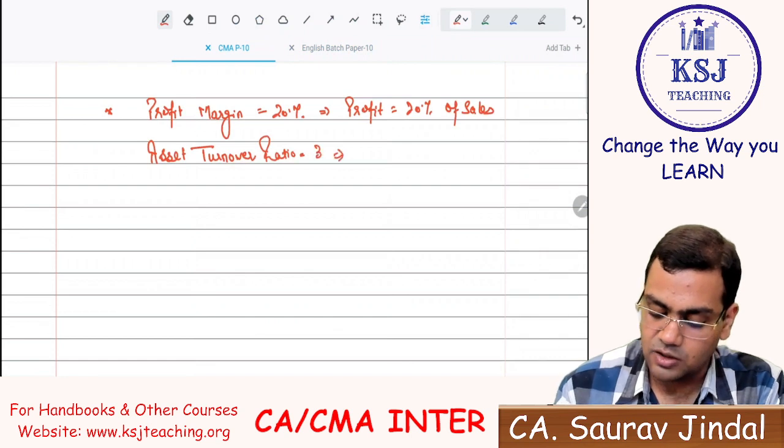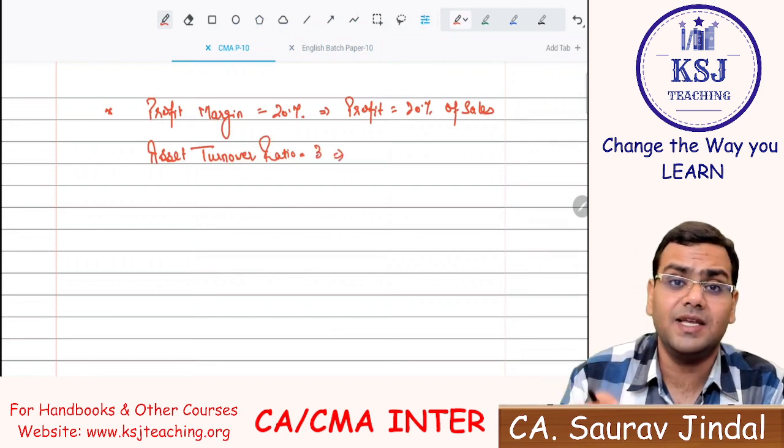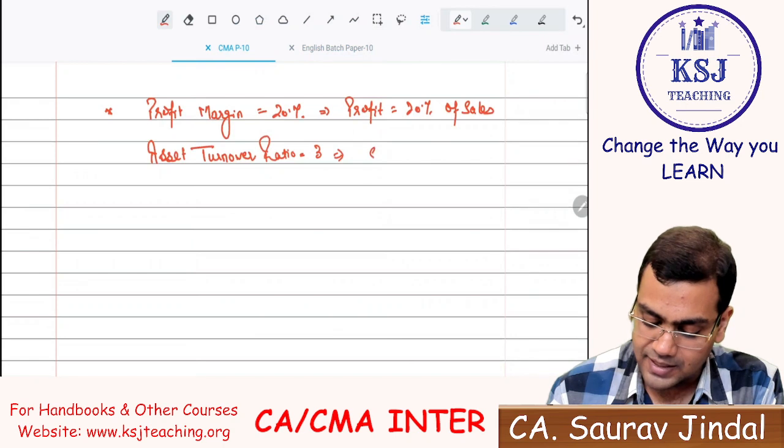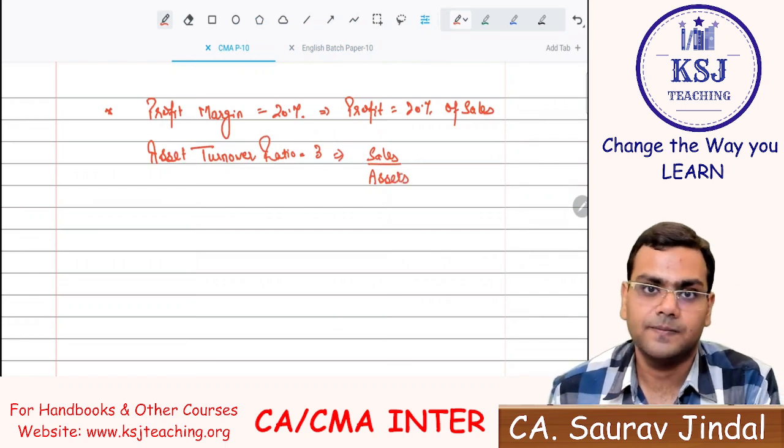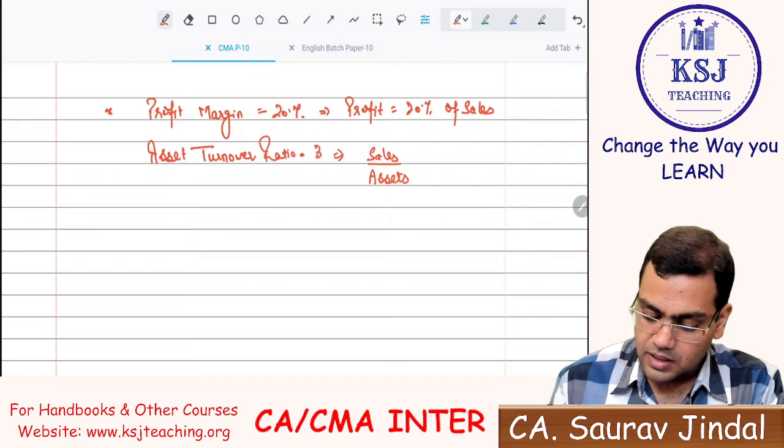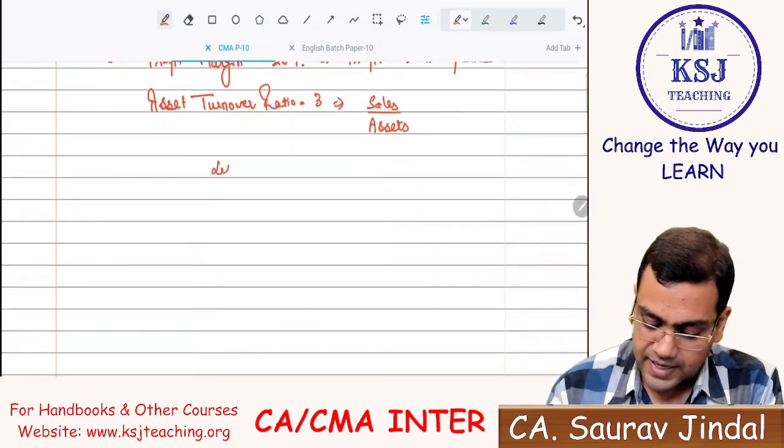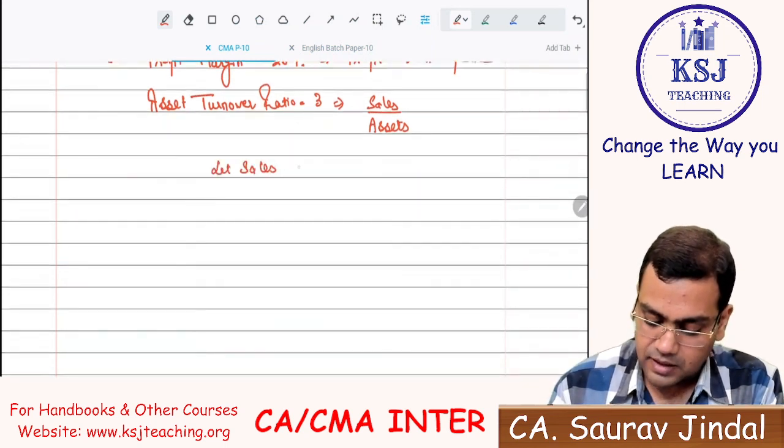Now, what is asset turnover ratio, sir? That by employing the assets, what is the turnover that you are generating? That is sales divided by assets, that is given as equal to 3. Now I say let sales be 100 rupees.